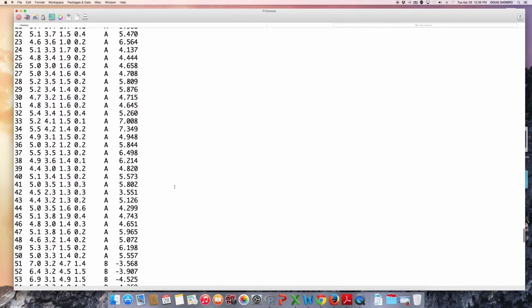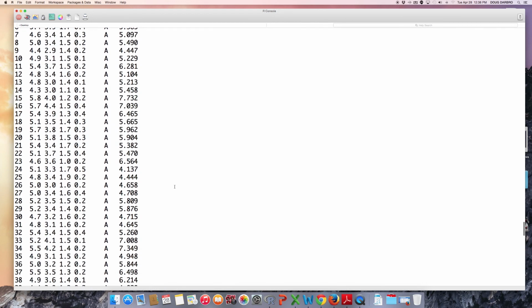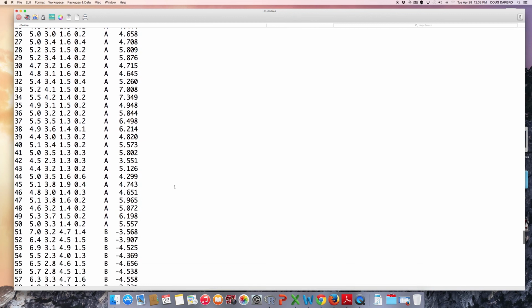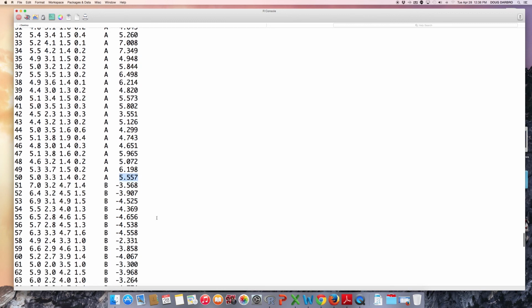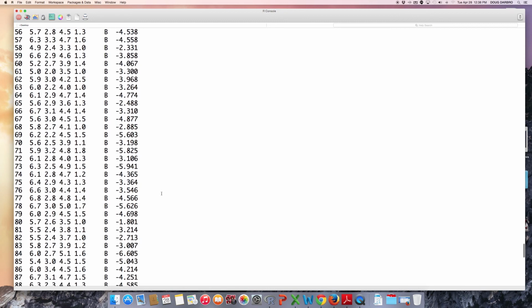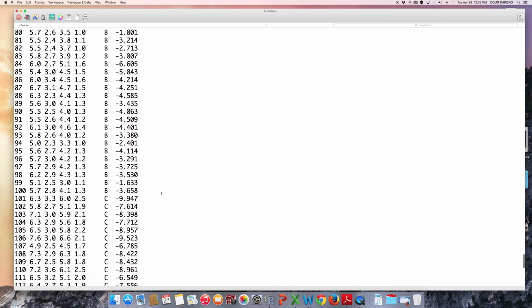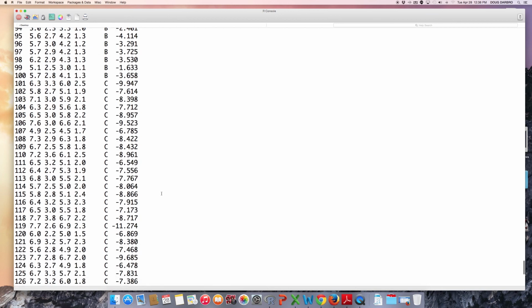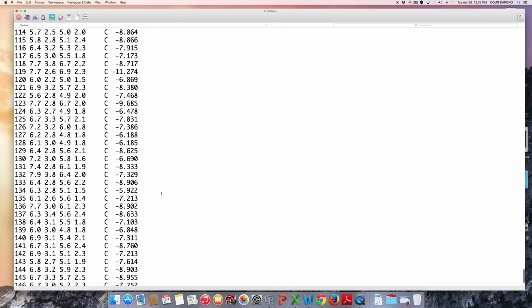Now, what I do now is I go in and start looking at the discriminant function scores here, and it looks to me that positive scores indicate classification of A, and C looks like it's larger.